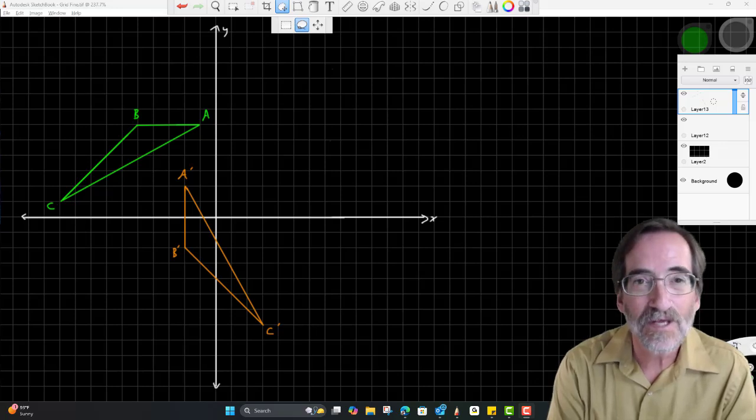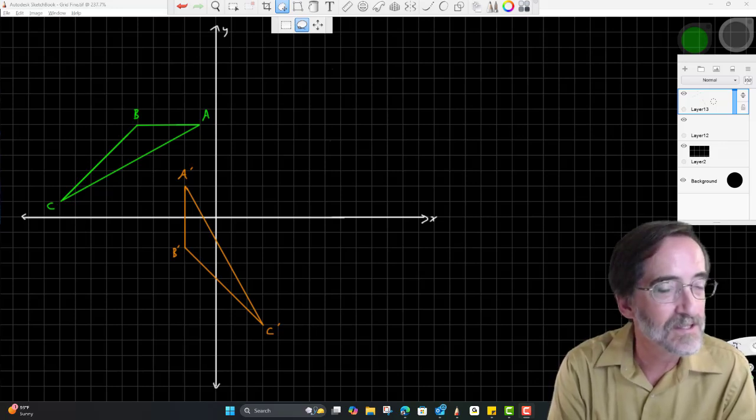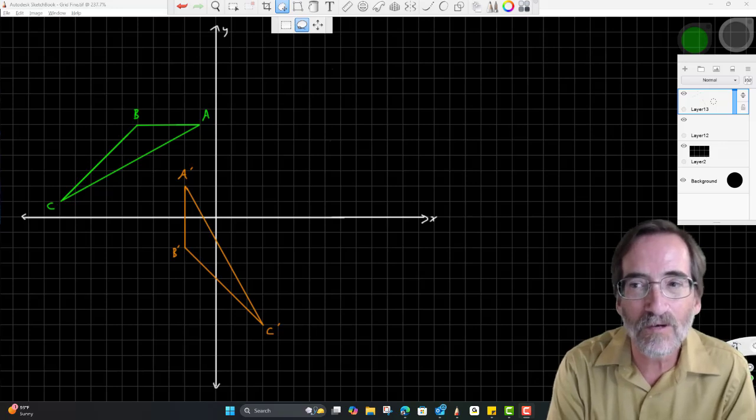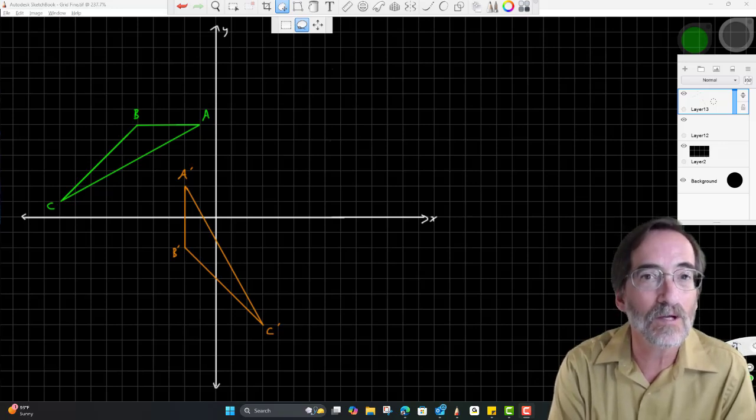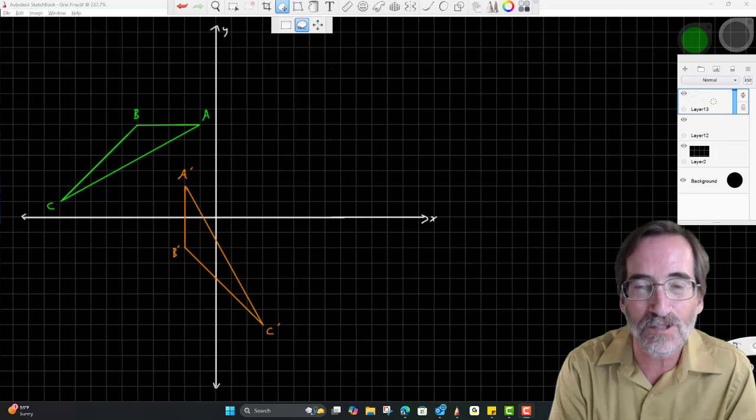All right, this is the second half of Unit 4, Lesson 9. We're doing a little bit of a different task. Last time I gave you a couple of transformations and a composition.